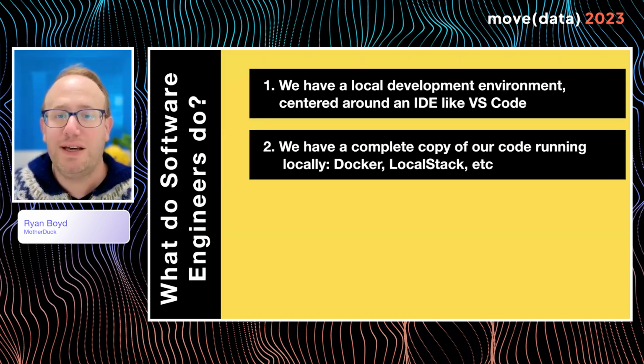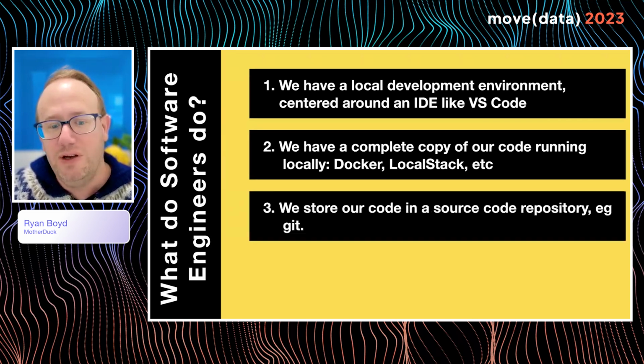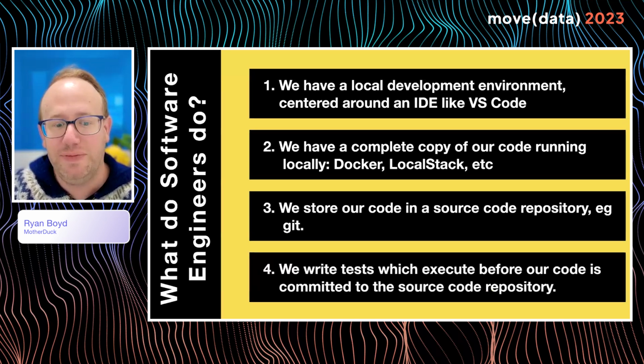We have a complete copy of our code running locally in Docker or LocalStack, etc. Lots of great tooling for this nowadays and great hardware. We store our code in a source code repository like Git, and we write tests that execute before our code is committed to the source code repository.